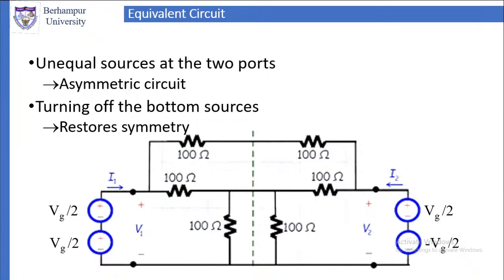So that is restoring the symmetry around the dashed line. If you look at the vertical dashed line at the center, around that line the circuit is symmetric including the sources, because the bottom sources are 0.